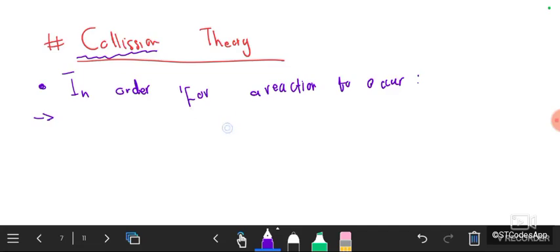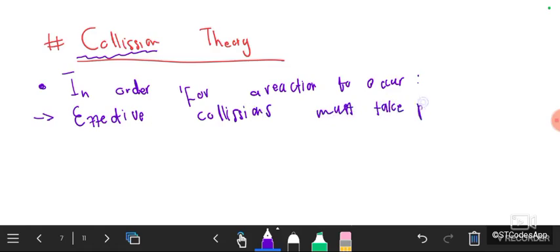Because particles sometimes collide, bounce off, and nothing happens. But a collision that will result in a reaction is a collision that is effective. Effective collisions must take place. You must know that.